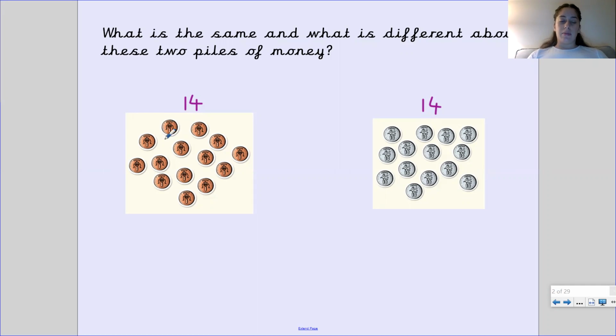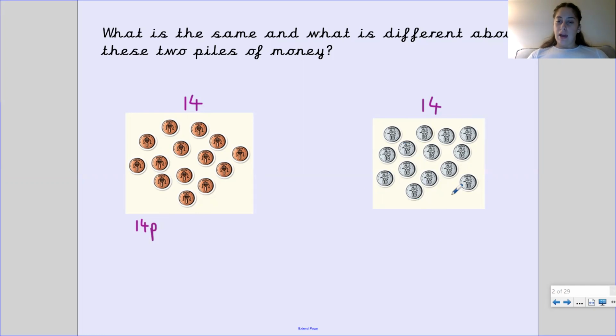Well, each coin represents 1 penny. We already know that there are 14 coins, so we don't really need to count it again. So 14 coins, each with the value of 1 penny, gives us 14p in total.